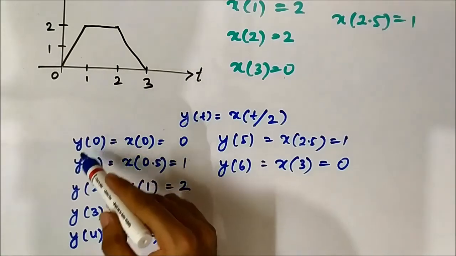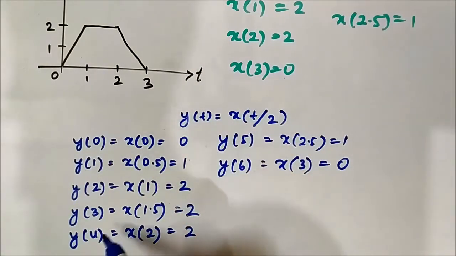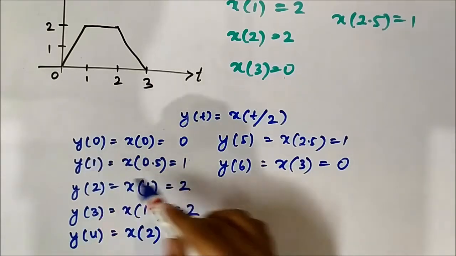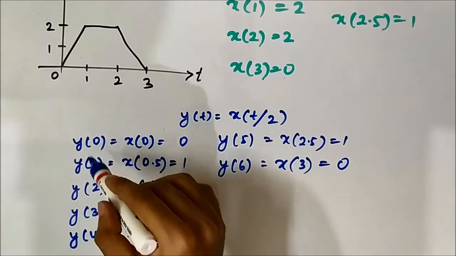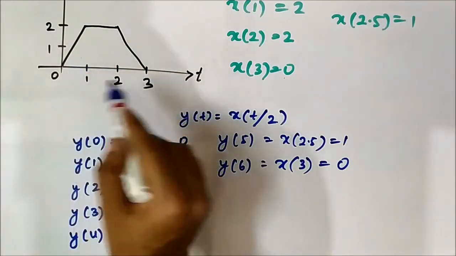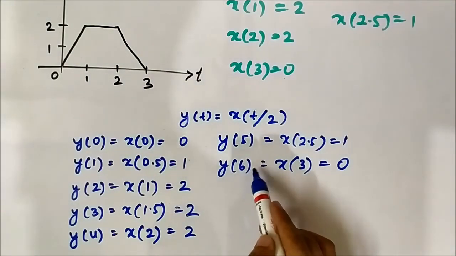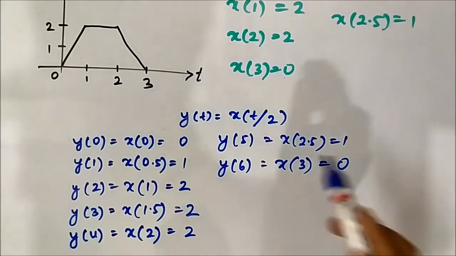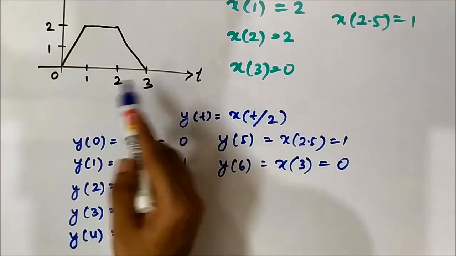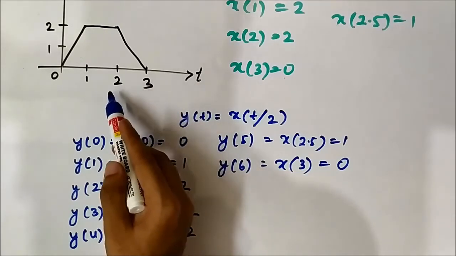So here the time scaled signal, because of this operation, the time instants have increased from 0 to 6. Here it was from 0 to 3 in the reference signal, but in the time scaled signal it has increased up to 6. In the other version x2t, the time instant decreased to half, 3 to 1.5.